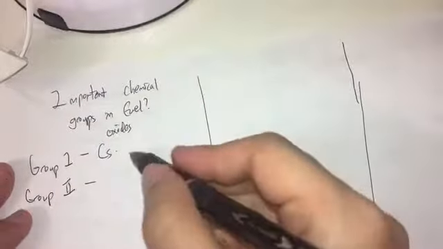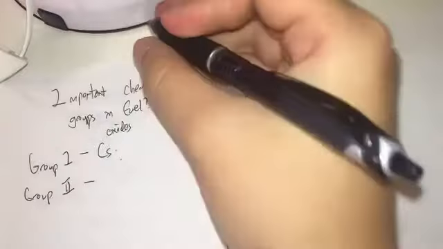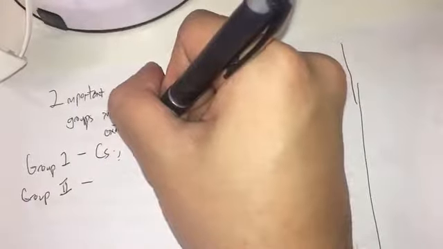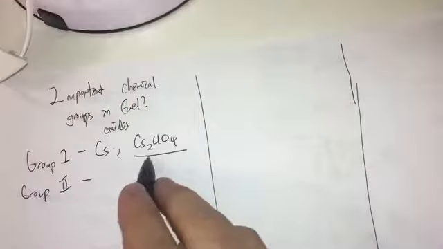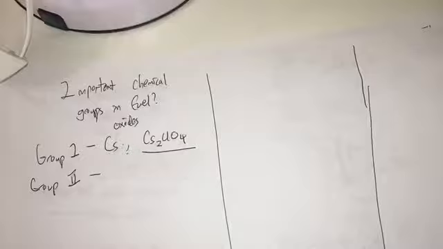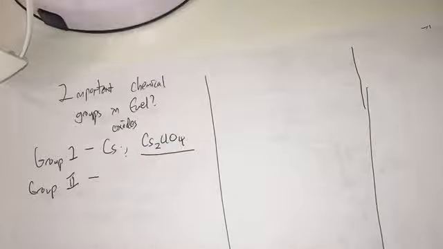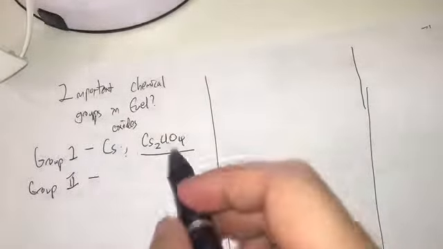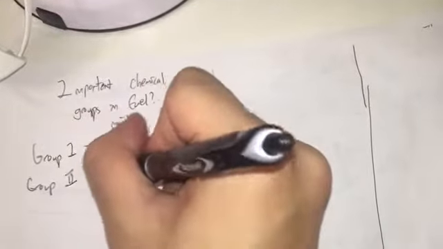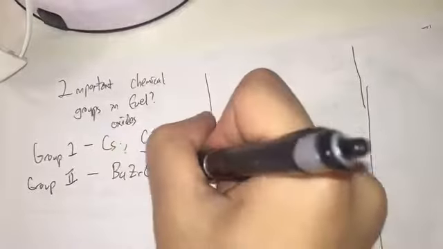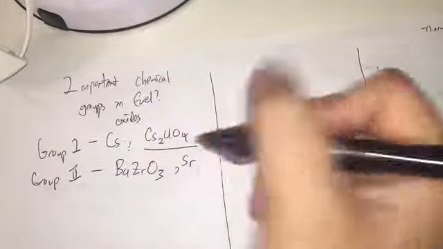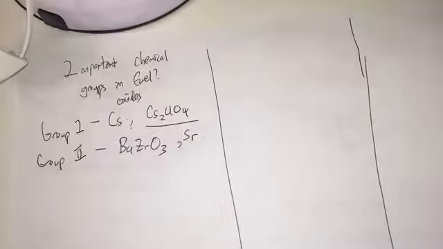So you have the group 1 oxides, cesium oxides, and sometimes they will form a complex. This is what they will react with the uranium oxides to form. The group 2 oxides, they will form something like this. Sometimes strontium is also included in this, the strontium oxides will be included in the group 2 oxides.